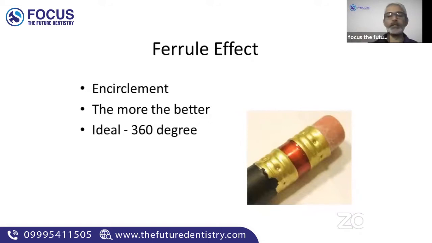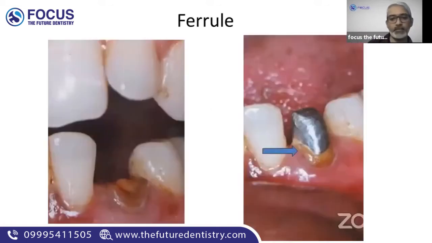What is encirclement? You need to encircle the sound tooth structure as much as possible. For example, if you see this arrow, the tooth material that is remaining here, approximately 2 millimeters, is what gives the ferrule effect.